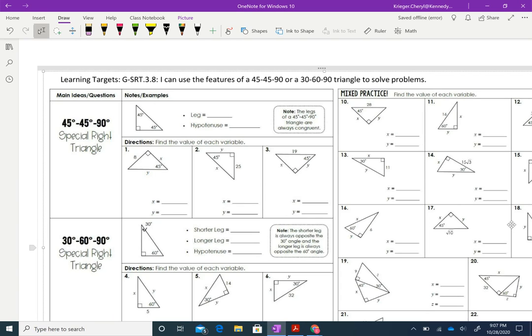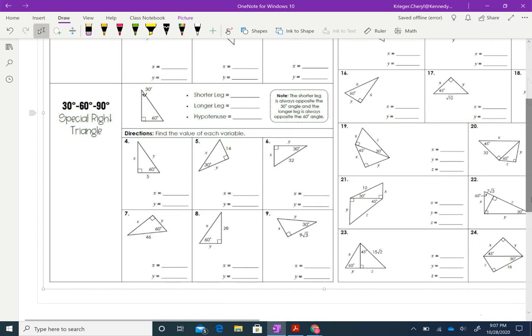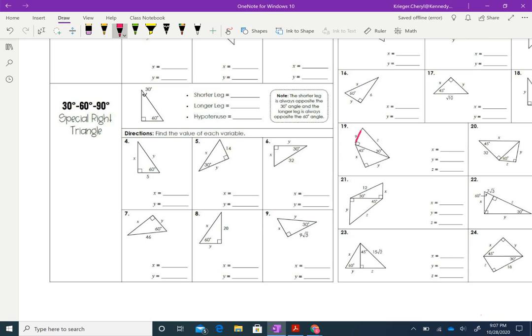Same thing with the 30, 60, 90, and it's actually pretty cool. If you look down at problems 19 through 24, they give you just one small side, right? And you're going to use that to find all the other sides of this figure. So it's actually really kind of fun, challenging math.